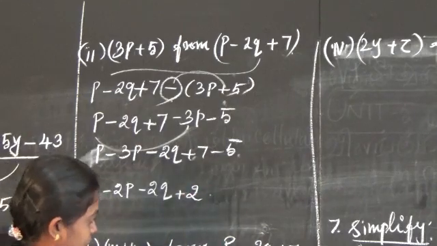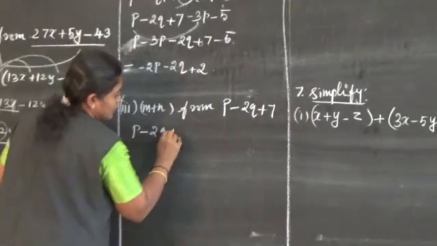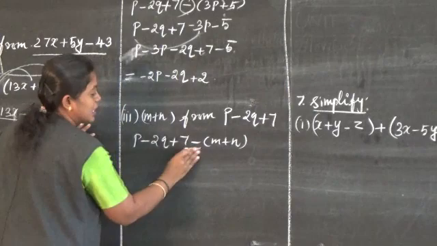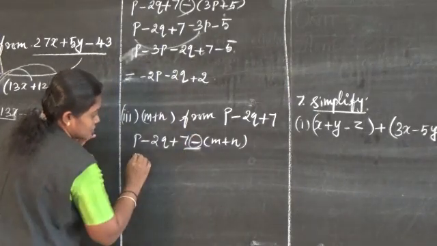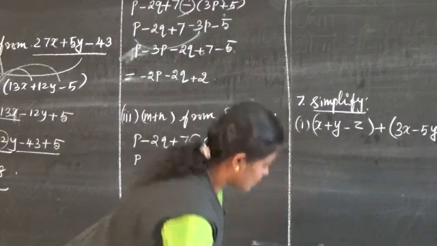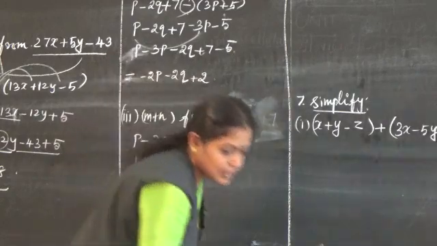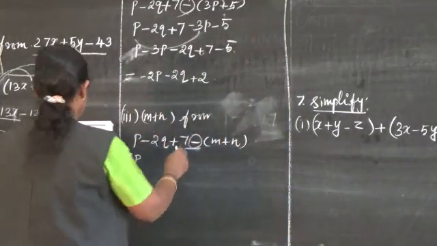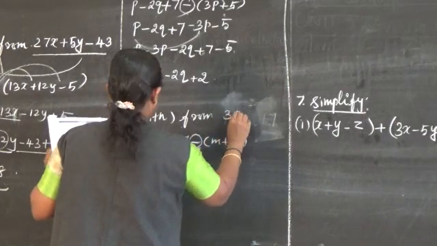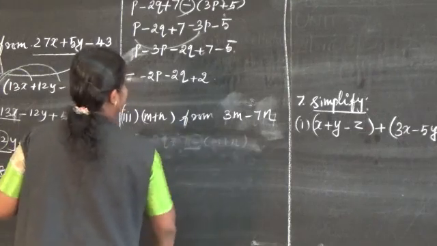Now come to the third option. Sorry dear, I made a mistake here. It is m plus n from 3m minus 7n.